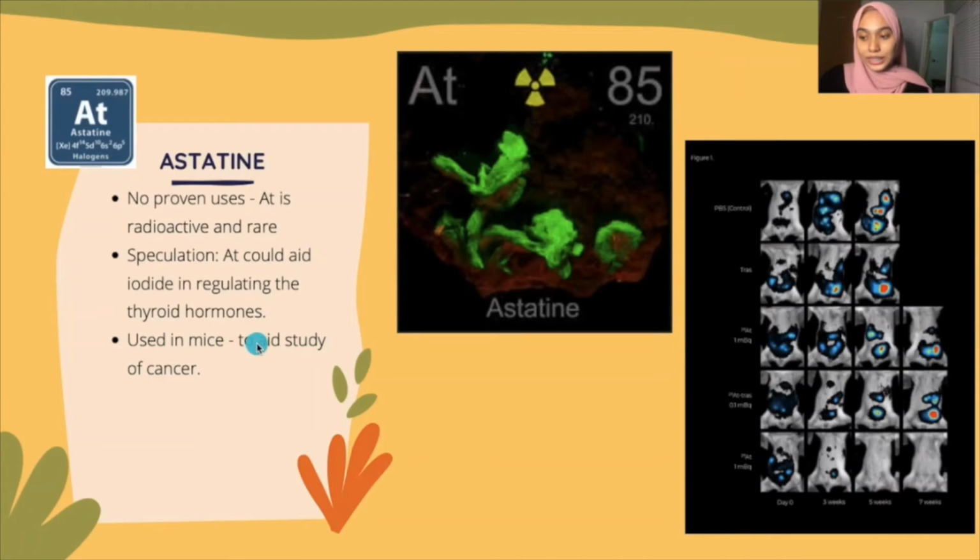Also, it has been used in mice to aid the study of cancer. So you can see this picture, there is the body of a mouse, and the researchers use astatine to study cancer cells using mice. I think that's all from me.